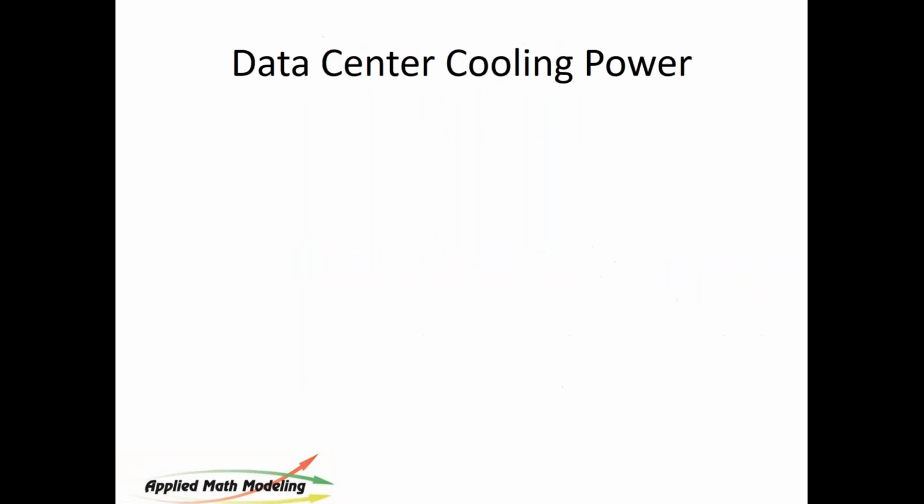Okay. So let's talk about cooling power for a moment. What goes into cooling in a data center? Total cooling power is fan power. These are the fans on the air handlers. Now I'm typically talking here about a chilled water data center with air handlers in the room providing the cooling for the equipment in the room, for the white space.